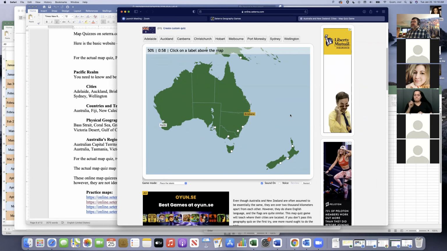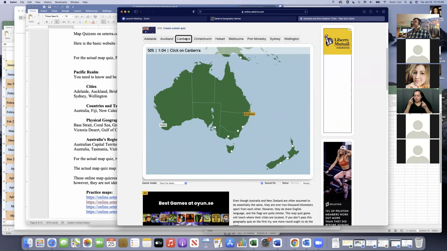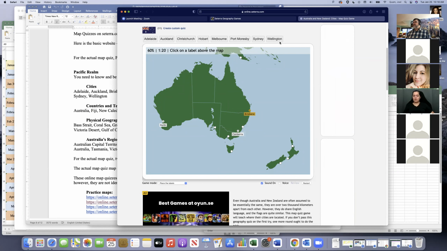Okay, that's basically how it works. You click on the one you're trying to do, and then you click on the place. It labels it in white if you're right. It gets the yellow shading if you've been wrong. And you go through all of the ones that are there, identifying them, and eventually you'll finish.